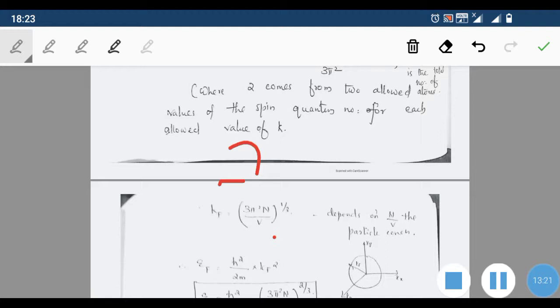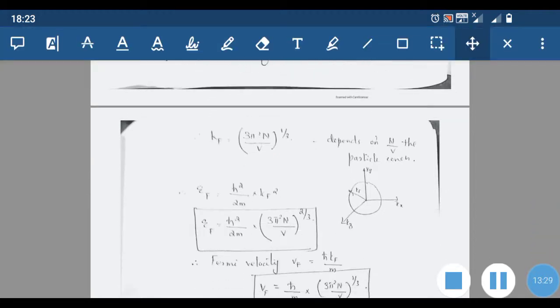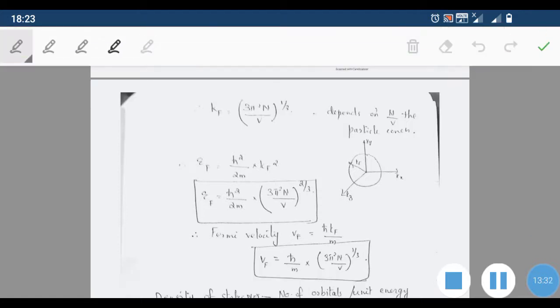Kf is the Fermi wave vector, which corresponds to (3π² n by V) all raised to 1/3. And the allowed value of Fermi energy is given by ħ² by 2m into kf². So that is equal to ħ² by 2m into, for kf you can substitute this value, (3π² n by V) the whole raised to 1/3, and with the square it becomes 2/3. So the Fermi velocity will be equal to ħ kf by m, that is ħ by m into kf, and you can substitute.